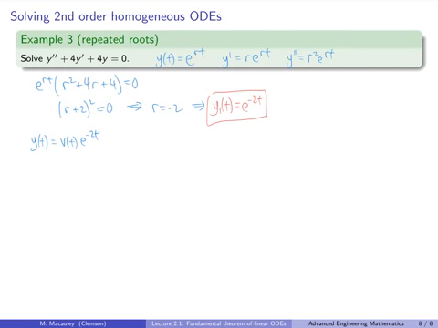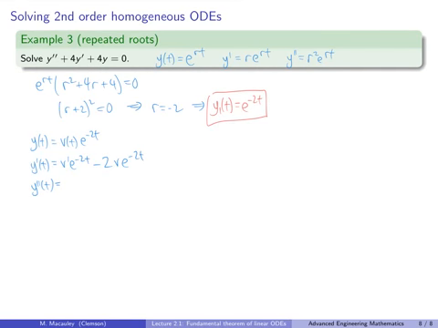So let's take derivatives. The derivative of this is v prime e to the minus 2t minus 2v e to the minus 2t. And the second derivative, now this should remind you, is done by the product rule. It's the product of two functions. So now we have to do the product rule again on each of these two terms.